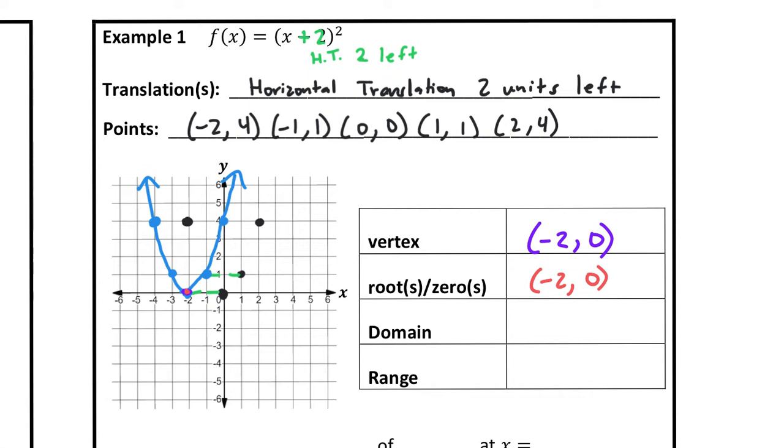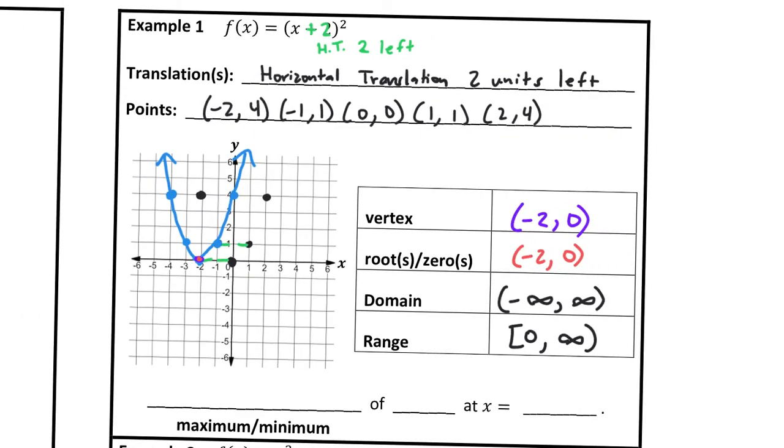That doesn't always happen. It just tends to happen in the examples we've been doing. Domain is going from -infinity to +infinity. But the range also stays the same because it has a lowest point of y equals 0, and it goes up towards infinity. So it's a bracket of 0 and infinity with a parenthesis.